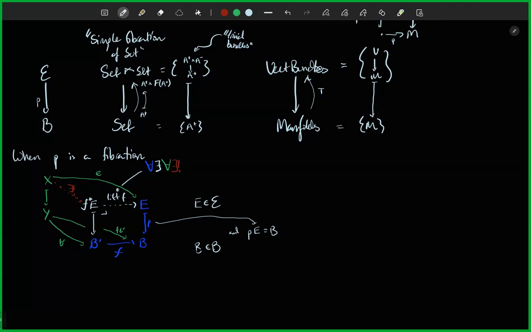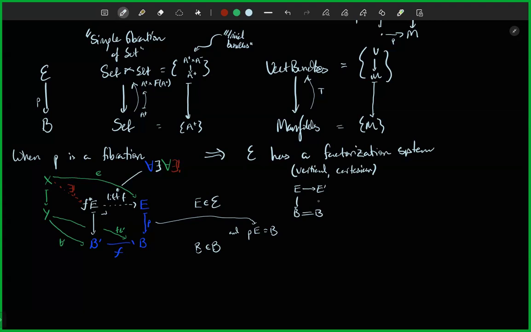And so this implies that E has a factorization system, which is called vertical Cartesian. And the way that works is a vertical map is a map of bundles which is over an identity.